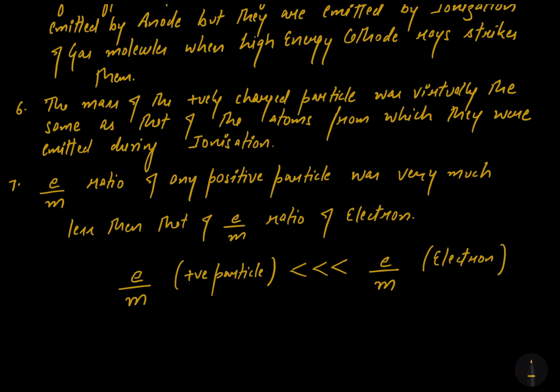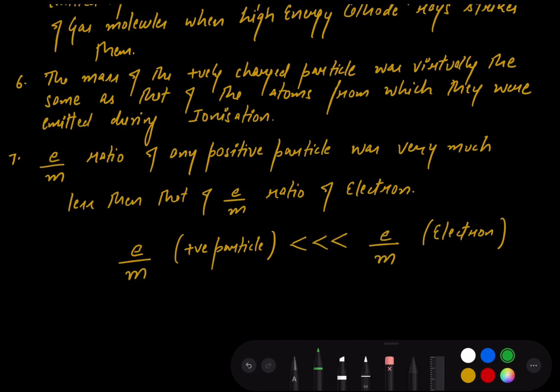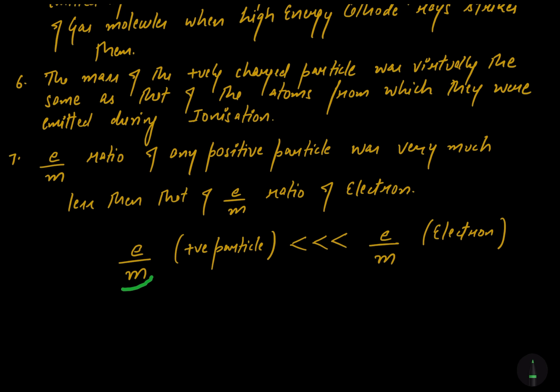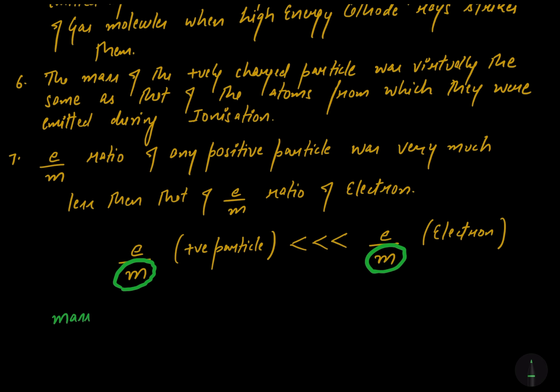Now the charges are balanced, that is, the magnitude of charge is same, but their signs are opposite. So what's left? Mass is left. Now mass is in the denominator, so it confirms that the mass of positive particle is much greater than the mass of electron.